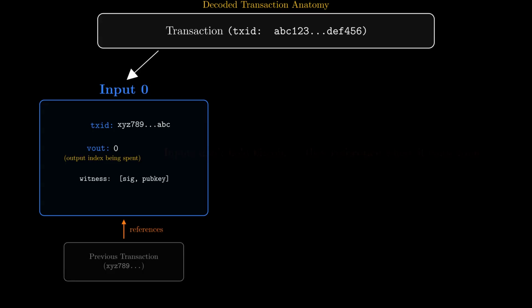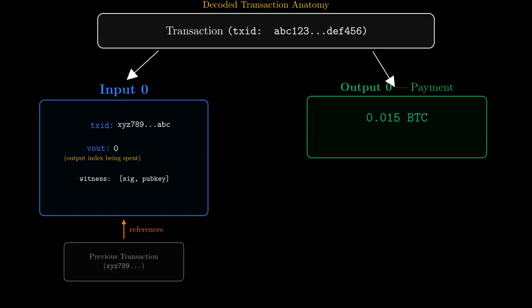And this is key. Inputs don't hold Bitcoin. They reference where the Bitcoin came from. On the output side, you see amounts and spending conditions. This transaction has two outputs, a classic pattern. Output 0 sends 0.015 BTC to the recipient. Its scriptPubKey specifies who can spend it, and the type field reads witness v1 taproot.